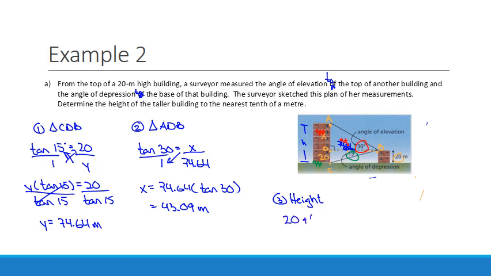So the 20 plus the 43.09. So just in case you're wondering, the 43.09 goes right there. So that ends up being 63.09 meters. Now it says nearest tenth, I guess, as I look at that again. So I guess 63.1 meters.